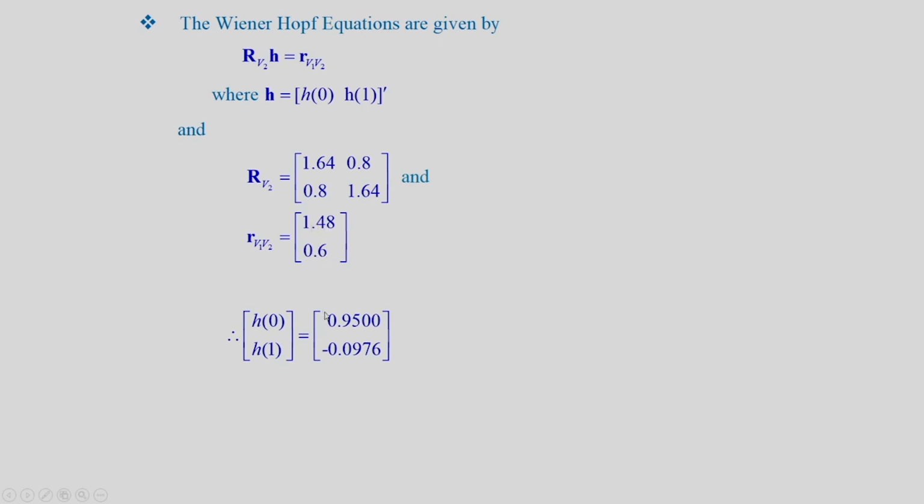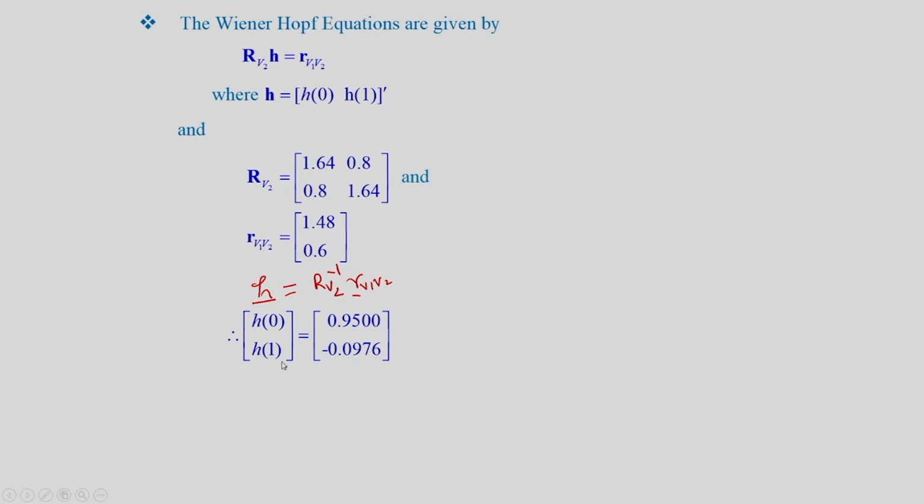Therefore, we can now find out what h will be. h is equal to R v2 inverse into small r v1 v2. If we apply the inverse of this matrix and then multiply with this vector, we will get this result: h0 is equal to 0.95 and h1 is equal to minus 0.976.